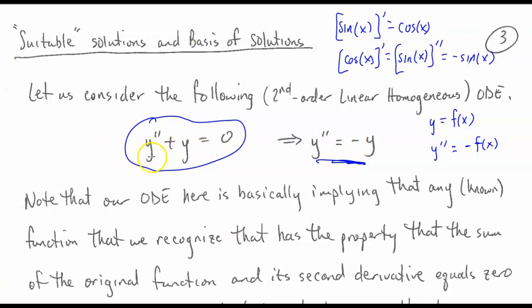Now, it turns out that cosine would also be a suitable solution as well, because we had cosine x. Of course, the first derivative of cosine is minus sine. And of course, the derivative of minus sine would be minus cosine. So here, the second derivative would be the opposite of the first, okay?